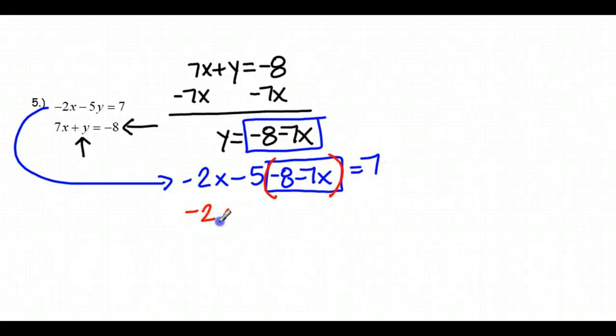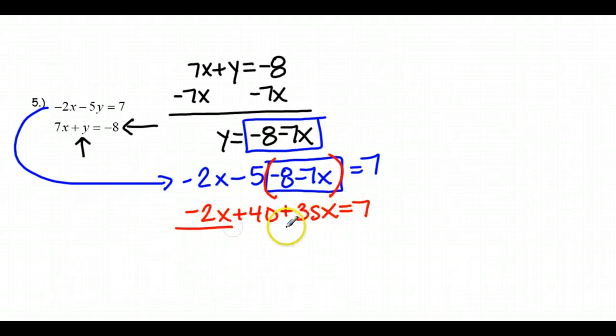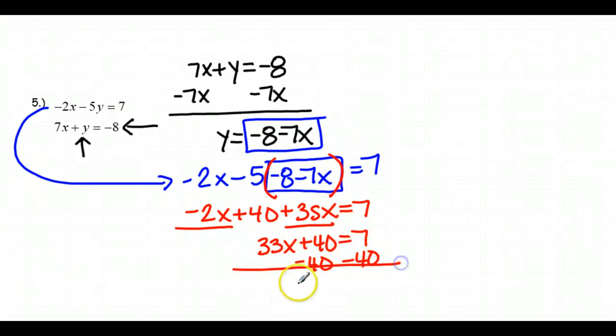So we have negative 2x plus 40 plus 35x equals 7. Combine like terms: negative 2x and 35x is 33x, plus 40 equals 7. Subtract 40 from both sides. We get 33x equals negative 33. Divide both sides by 33, and we get that x equals -1.